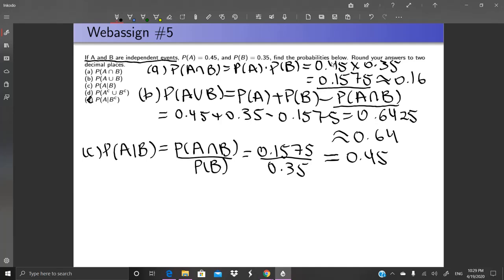Well, the fact that A and B are independent tells me that the probability of A given B is still equal to the probability of A, and the probability of B given A is still equal to the probability of B. One event occurring does not affect another event occurring, which means that the probability of A given B should just be equal to the probability of A in the first place. So I could have got this 0.45 without having to compute this part.